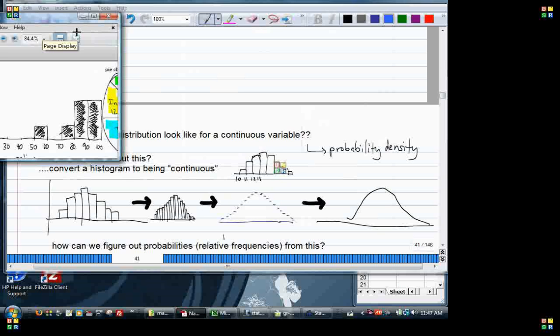Just from this picture, we can figure out the probability of a rating being from 90 to 100.